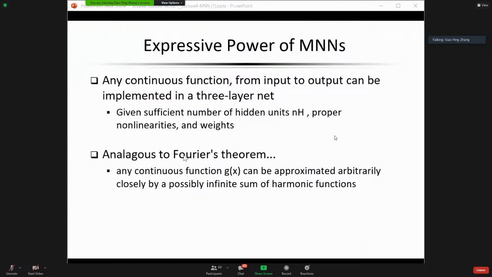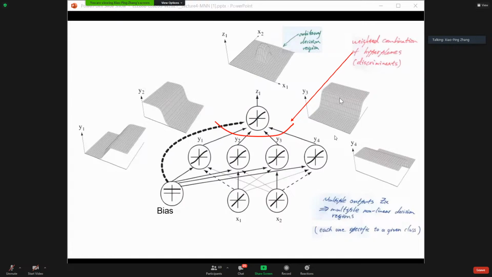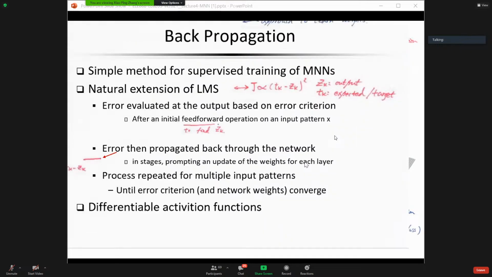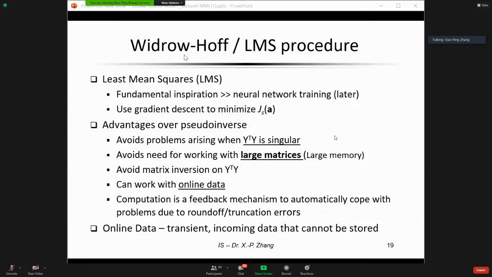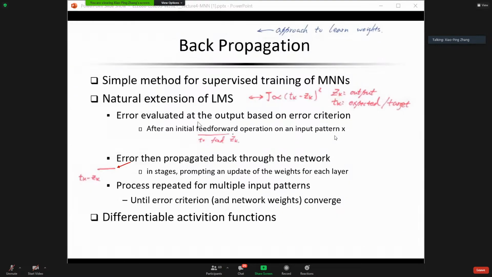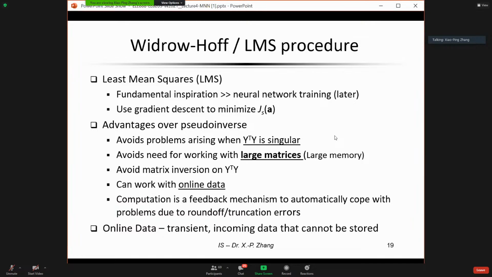Okay, so sorry. The first one is the graph I wanted to show you, this arbitrary decision region. Each of them has this type of linear decision region, and multiple linear decision regions can form an arbitrary decision region. Actually, for any type of decision region, you can use this to approximate. That's the universal approximation theorem. And then we're talking about the LMS. Fundamentally, LMS uses the single sample error, a stochastic single sample error, to represent the average error.